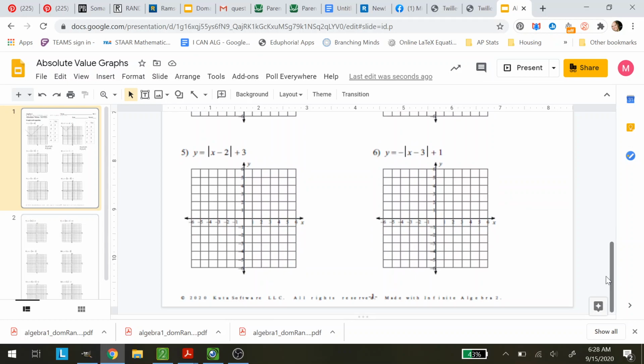Let's do number 6 because it has a negative in front, so that's going to look a little different. So I'm just writing it in my journal.